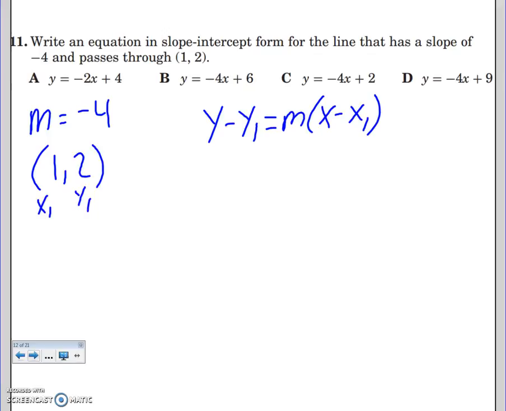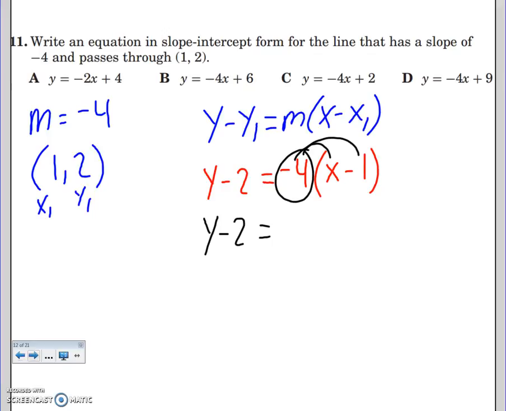So y minus y1, which is 2, equals our m, our slope, -4, times x minus x1, which is 1. Just do some algebra. So y minus 2 equals, distribute this here, -4x plus 4. And then add 2 to both sides.